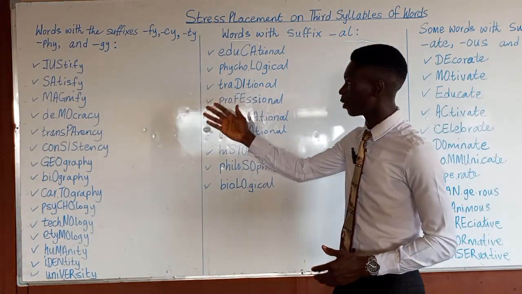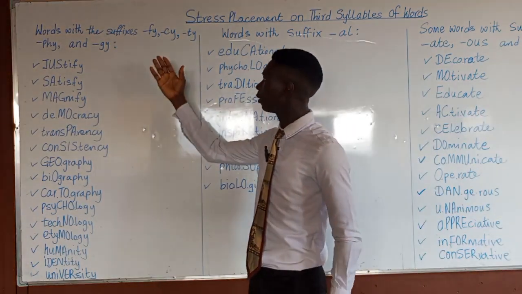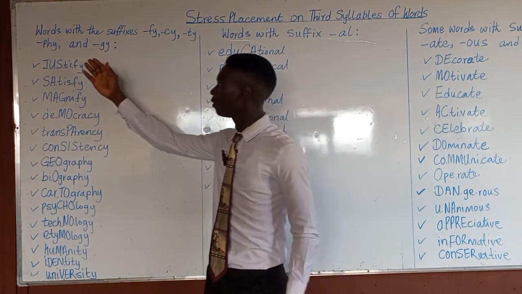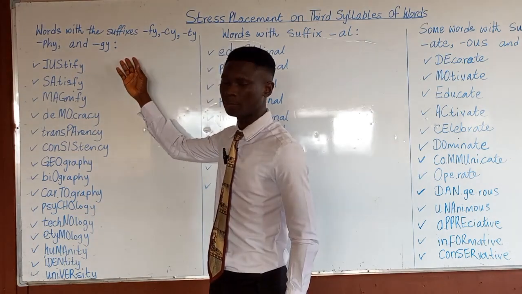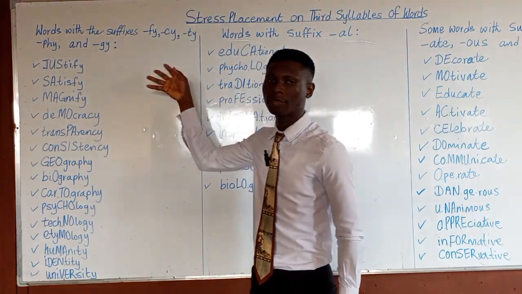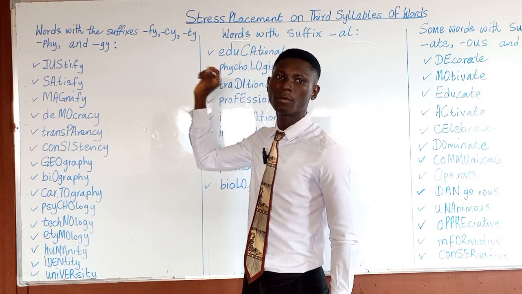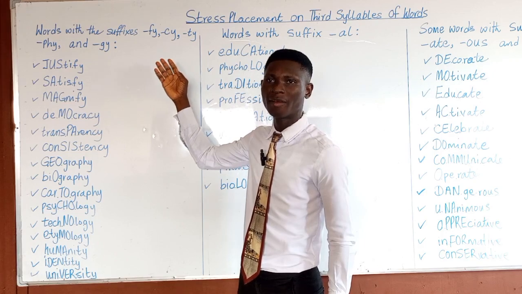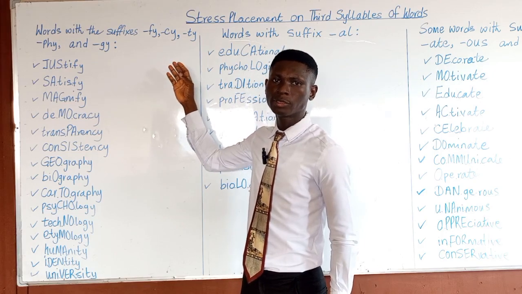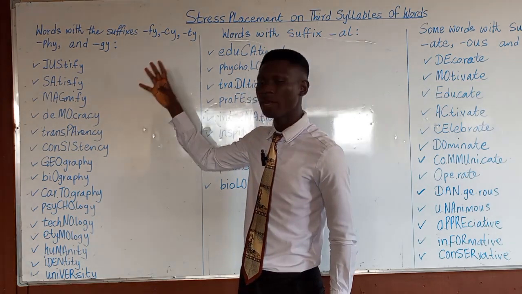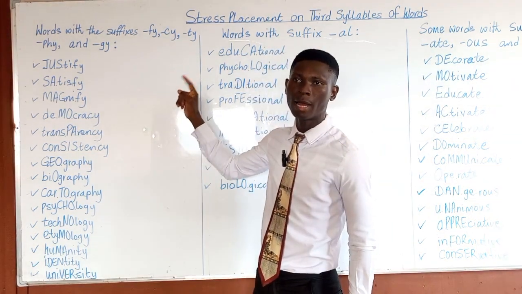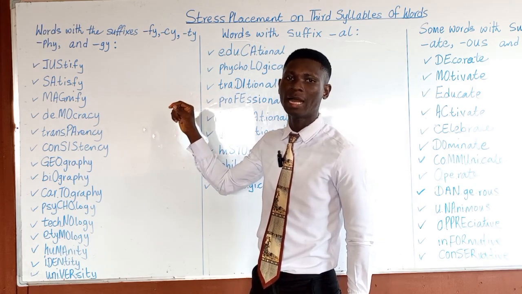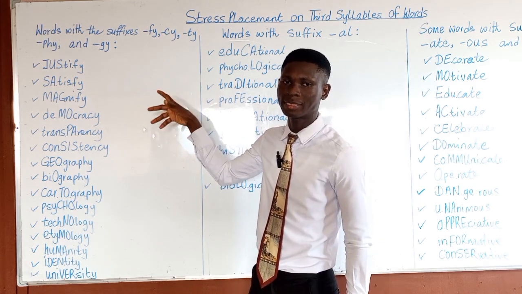Now considering from here, we have words with the suffixes fy, cy, ty, phy, and gy. All of these suffixes end in y. But note the letter of the alphabet we have before the Y. So I'm not saying that any way you find letter Y at the end of a particular word, you are going to have the stress on the third syllable.